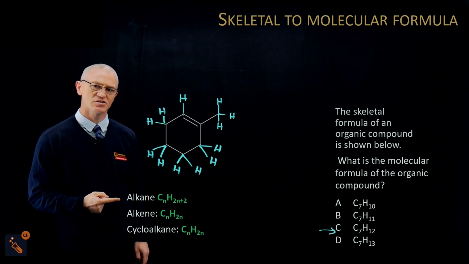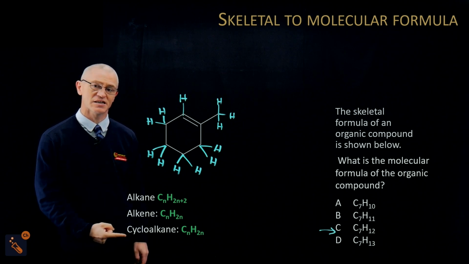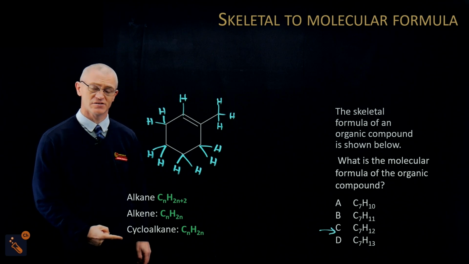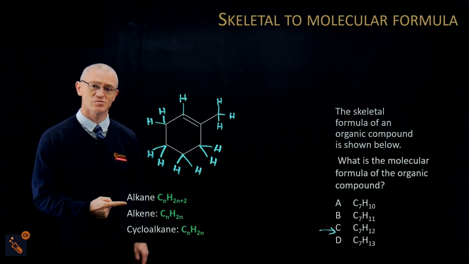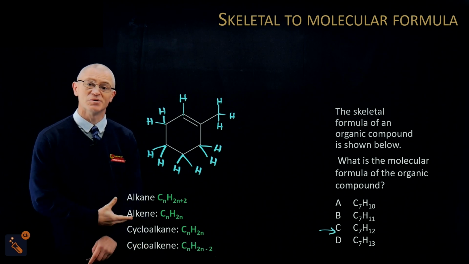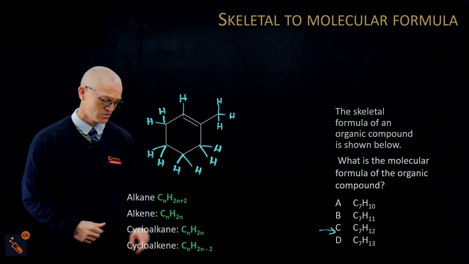Now you can use this difference here. So this is an alkane, this is an alkene, and the cycloalkene is an alkene. So what's the difference between here and here? Well, it's 2 hydrogens. So the difference between the cycloalkane and the cycloalkene is going to be 2 hydrogens. Notice I put the -2.